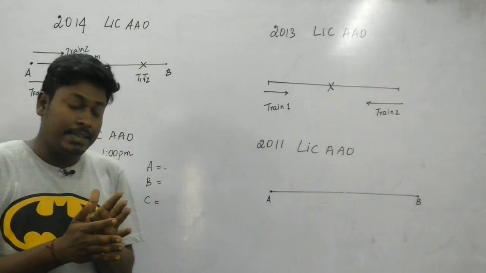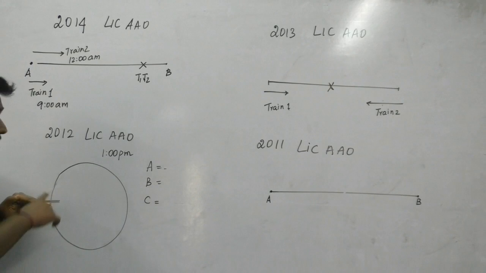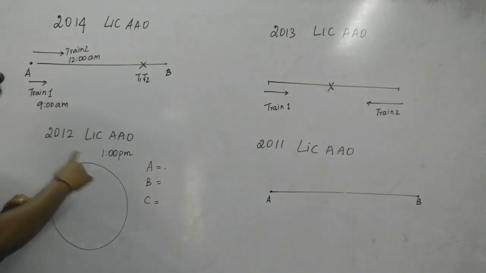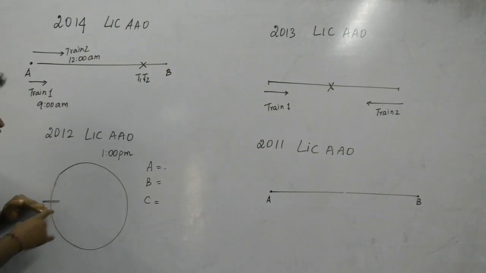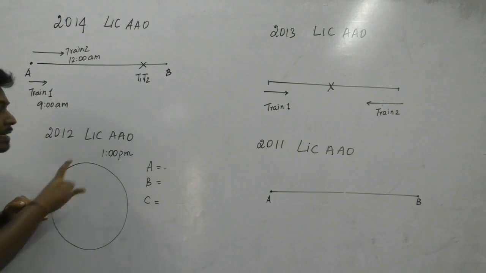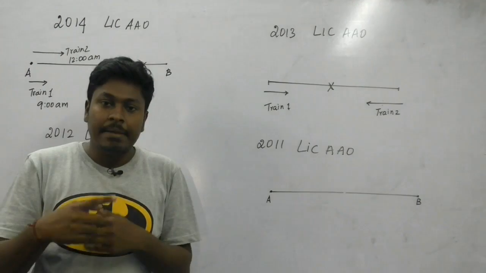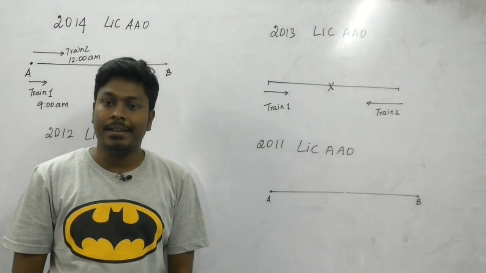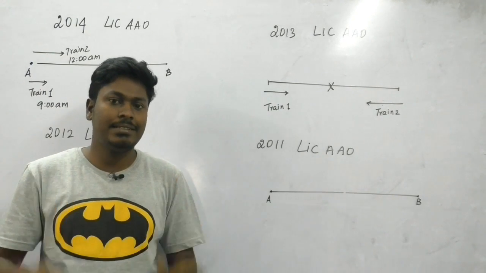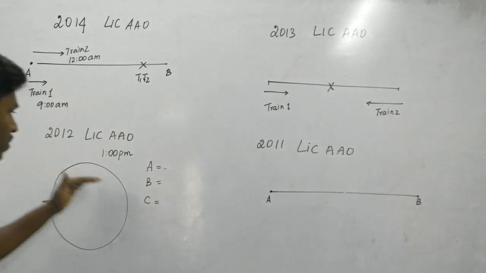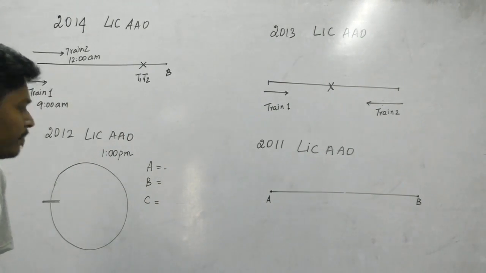They start at this point and run around the circle from 1 p.m. till 4 p.m. How many times do they meet together in the circular field? This is the question they asked in 2012 LIC AO.